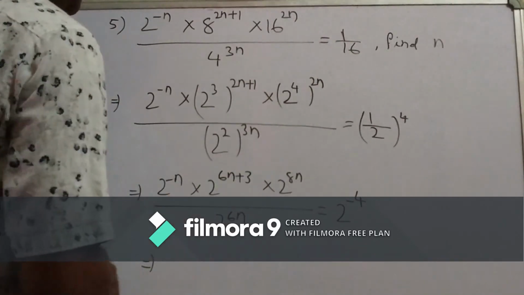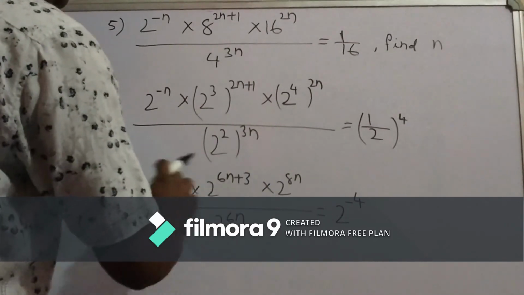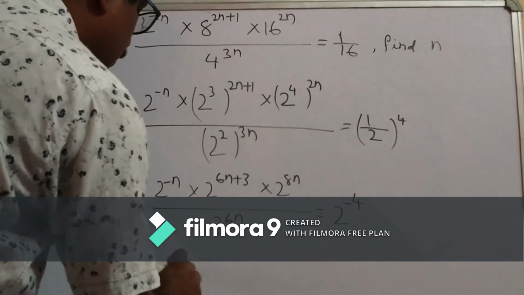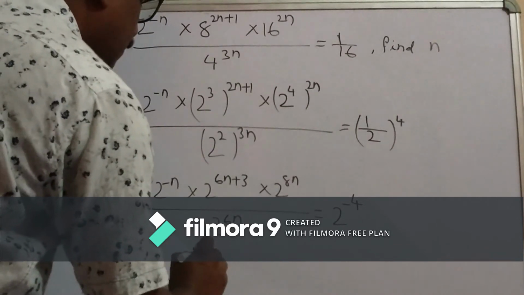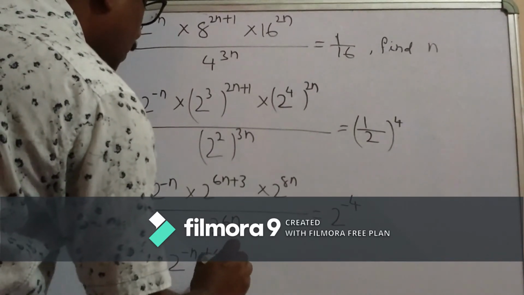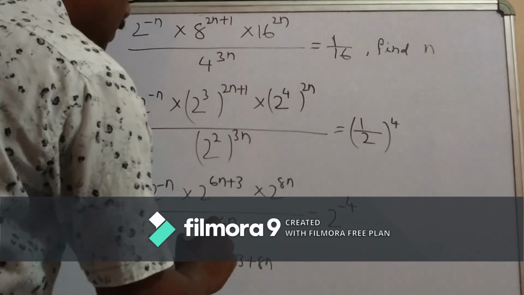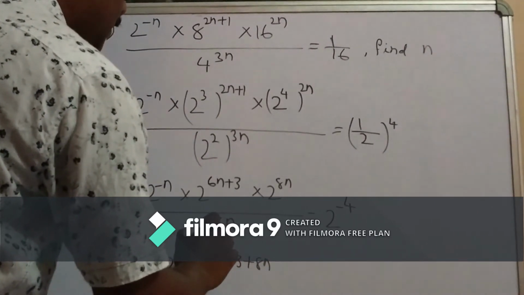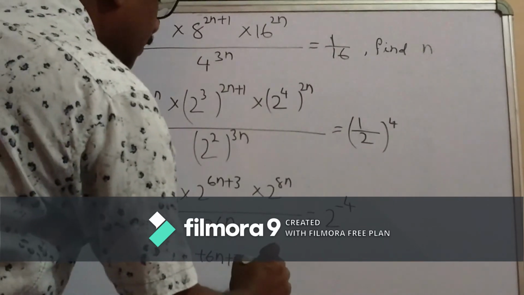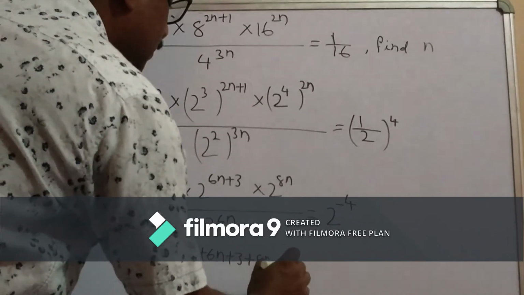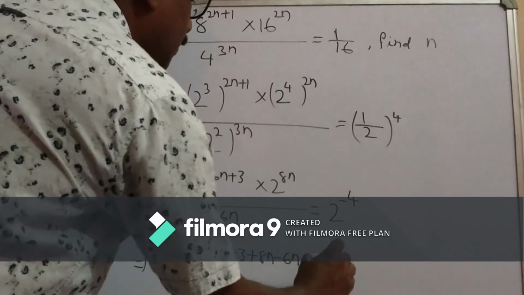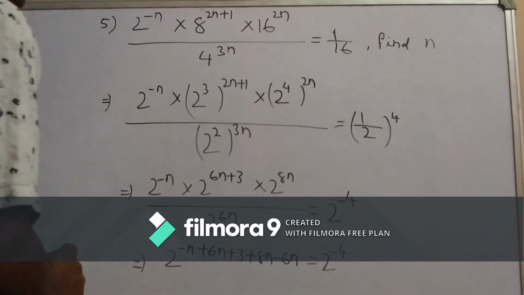All are multiplied, base is same 2, so you add the power. 2 to the power minus n plus 6n plus 3 plus 8n. Here it is divided, so the power becomes minus 6n, is equal to 2 to the power minus 4.